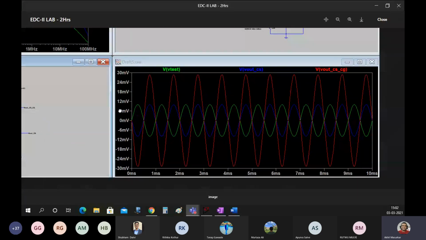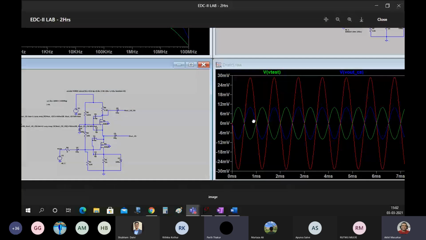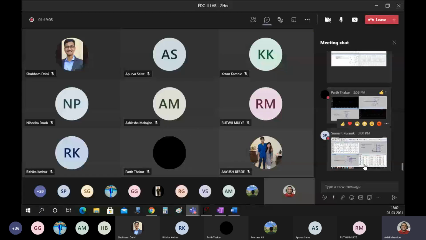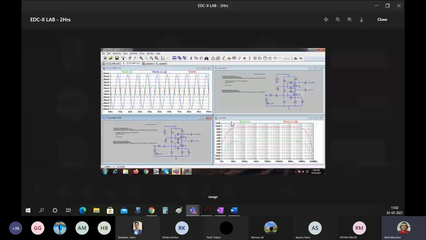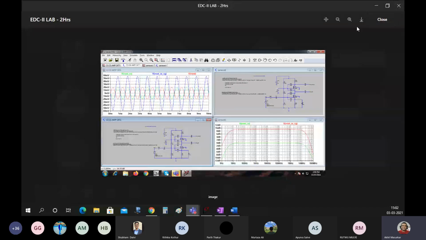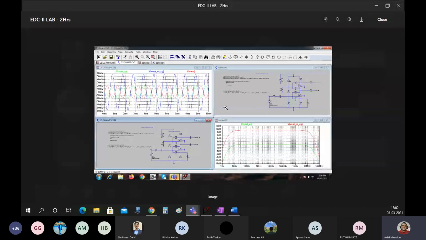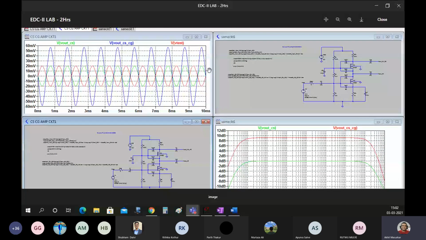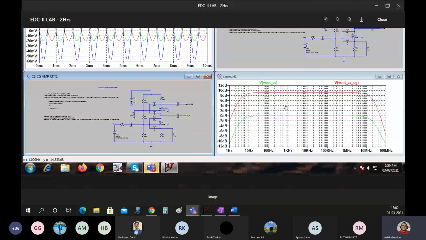Yes, sir. So 10 means 2.88. Correct. Sumant, very good. Now in this you plot the resistance plot and then you give me the third plot also. Understood, Sumant? Yes, sir. Good.